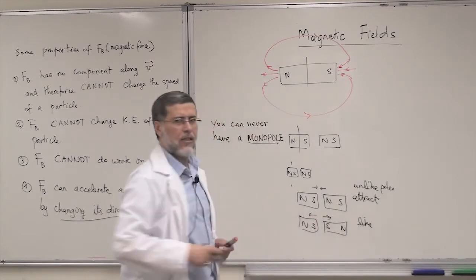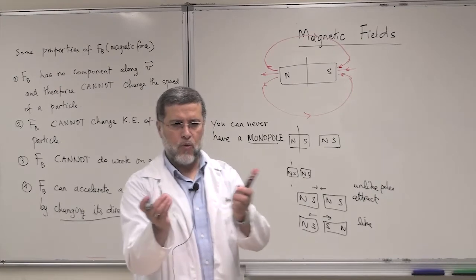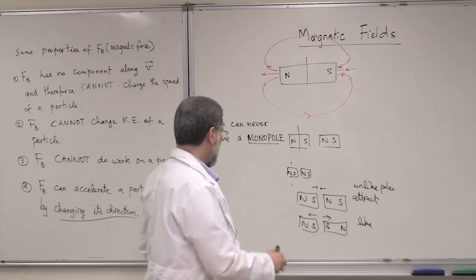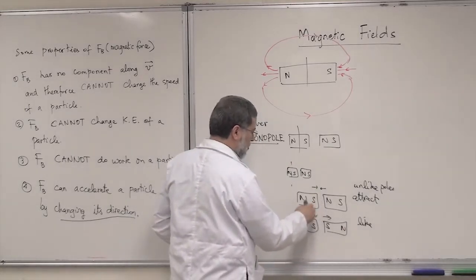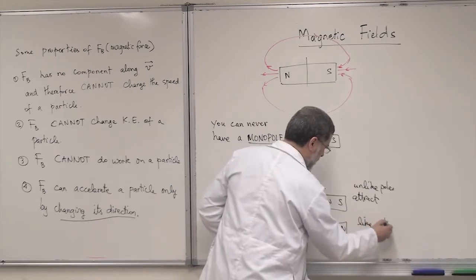I'm sure you tried this with magnets. You bring magnets close and notice that sometimes they repel and sometimes they attract. They attract when they have unlike poles. If they have like poles, they repel.